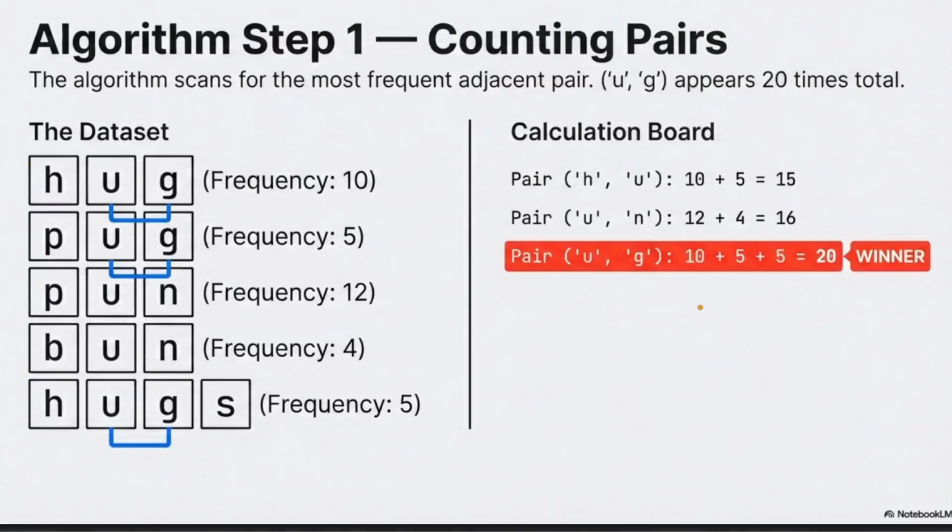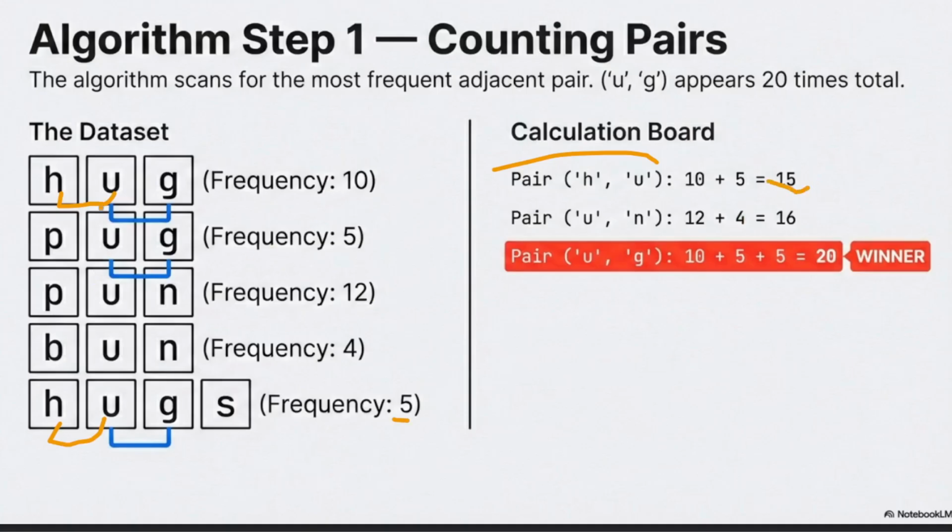Now the algorithm scans the data. It counts every time two characters sit next to each other. Look at the pair, for example, H and U. It appears 10 times because this word is repeated 10 times, and 5 more, so 15.